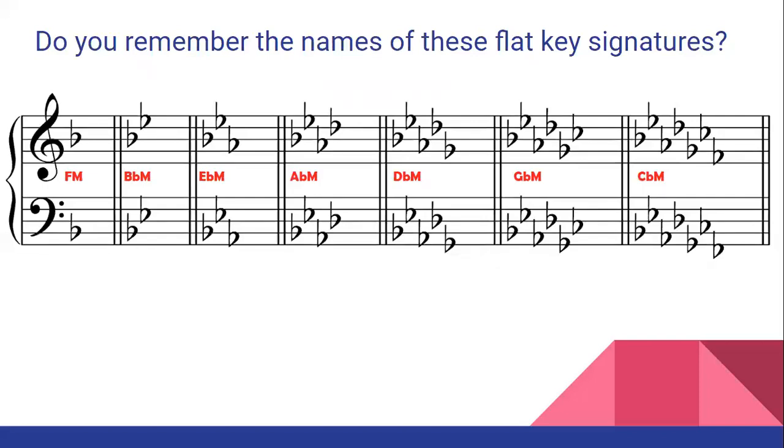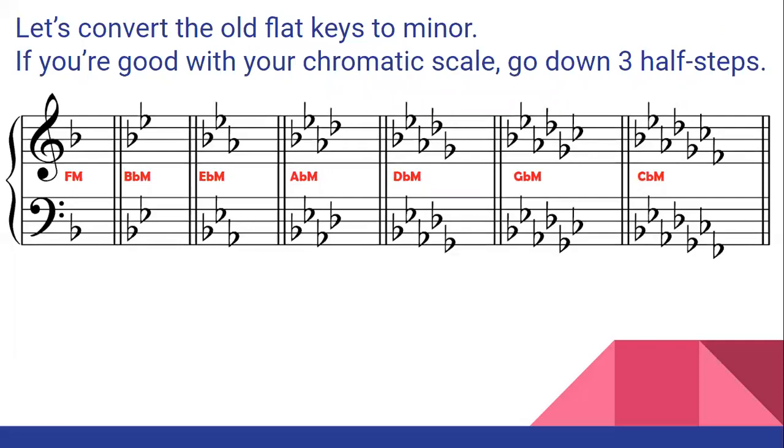How do you know your half steps, you might be wondering? Well, you can either use your chromatic scale to go down 3 half steps, or you can just look at your fingering chart and it will tell you the half steps. Let's convert the old flat keys to minor by using the 3 half steps rule.